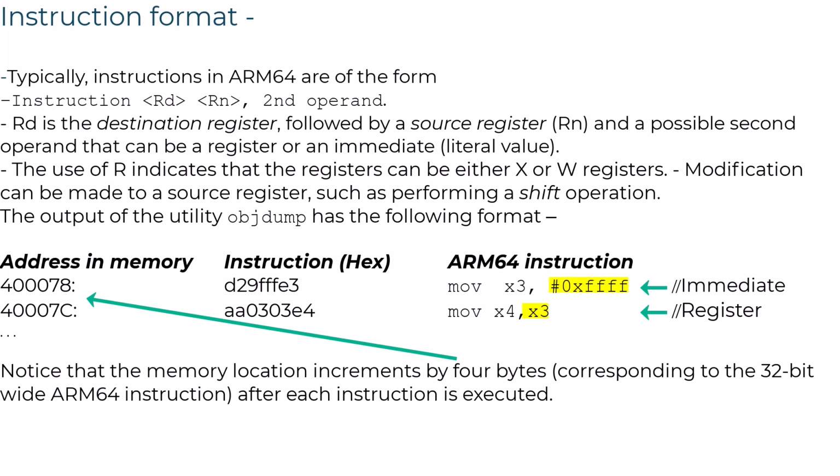This is an immediate value, or we could decide to move the contents of X3 into X4, and this is a register value. The next time we hit an instruction, the address will be incremented by 4, because the 32 bits are 4 bytes, and then it'll go on and so on all the way through to the end of the program.